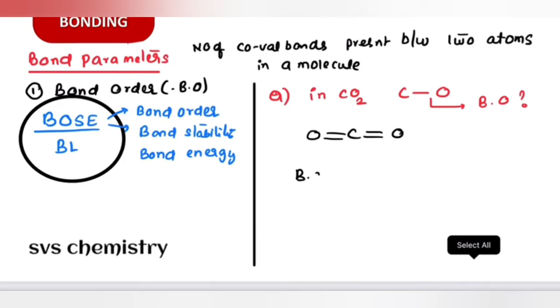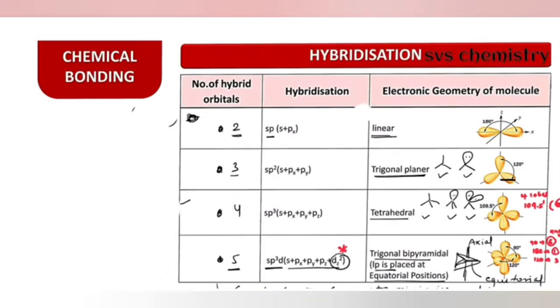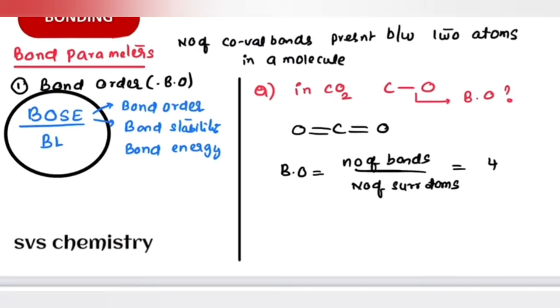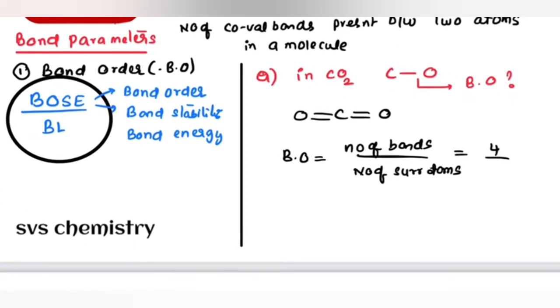Bond order equals number of bonds divided by number of surrounding atoms. The number of bonds is 4, and surrounding atoms are 2.